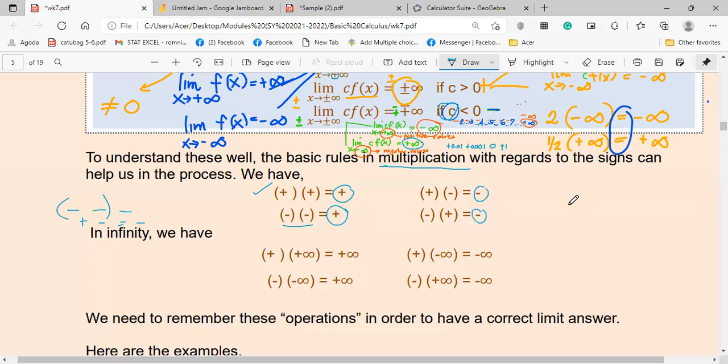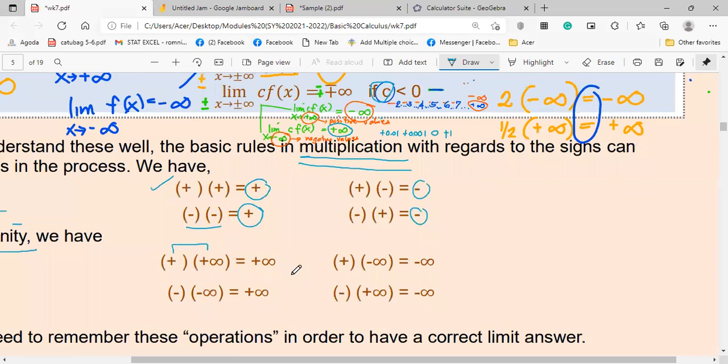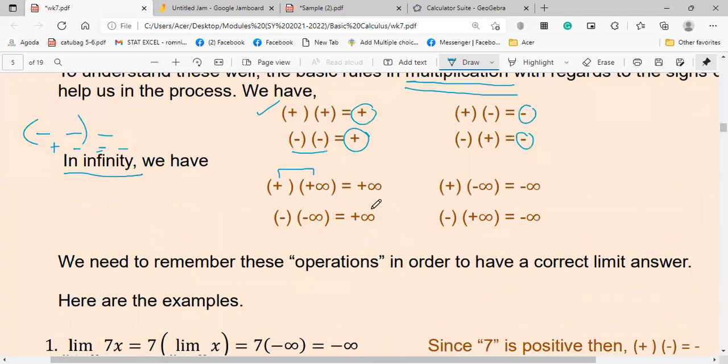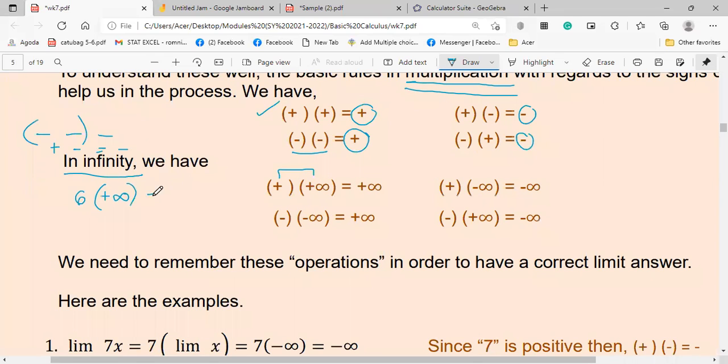But you have to remember these rules, no? Always. So kapag i-treat na natin siya in infinity, positive times positive is positive infinity. So kung halimbawa ito, positive 6 or positive infinity, what would you expect?